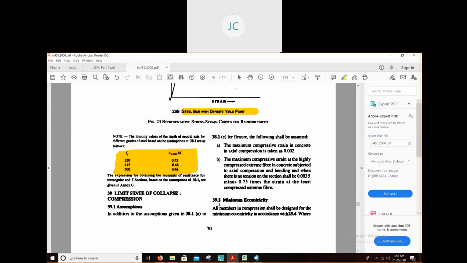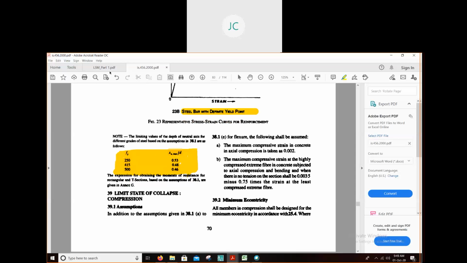Have you got this page? I think you remember that last class I also told you how to use these values, how to use this table.